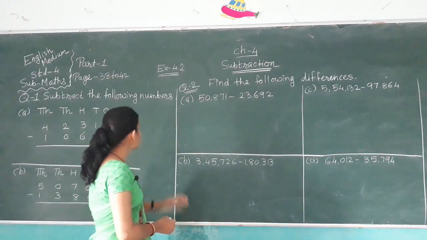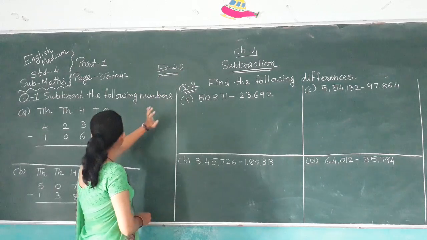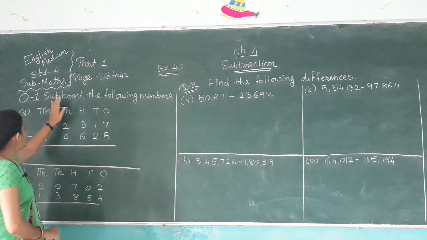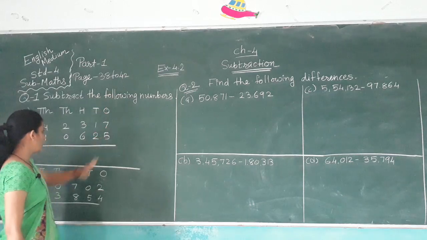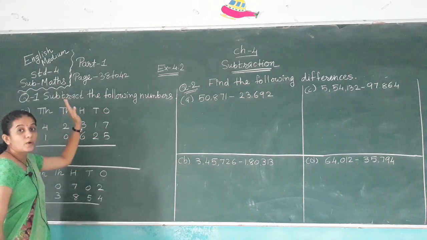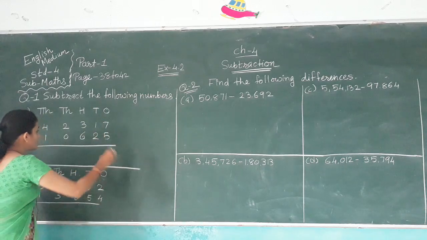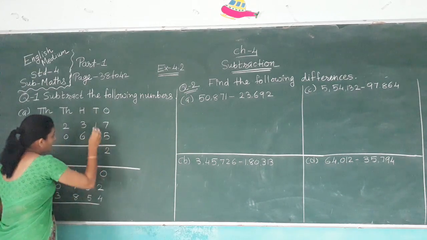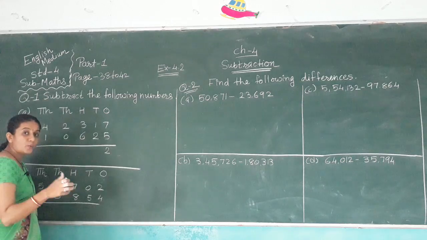Now next exercise, exercise number 4.2, page number 38 to 42. Question number 1, subtract the following numbers. Here we take borrowing. So 7 minus 5, 2. But 1 minus 2 is not possible.